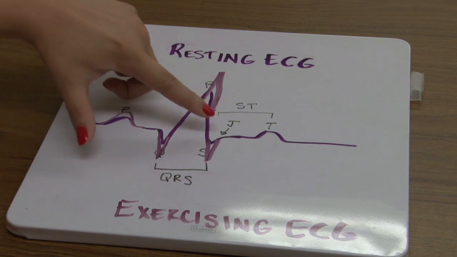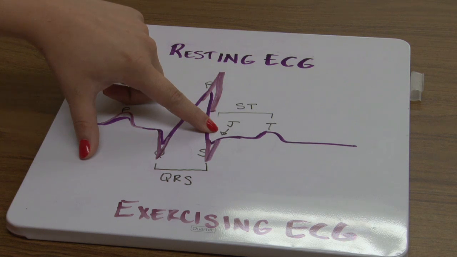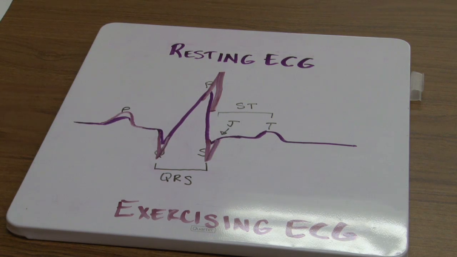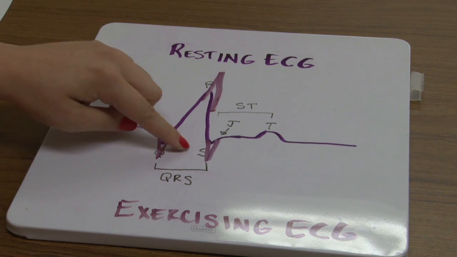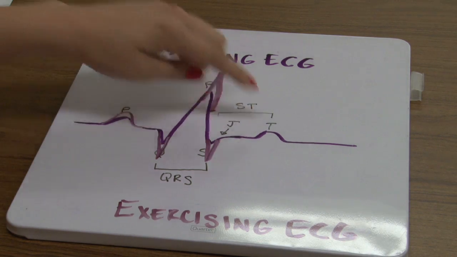Next, when we look at the J point depression, the J point is the point between ventricular depolarization and repolarization. And this is usually going to depress, but this is going to blend in with the S to T segment.